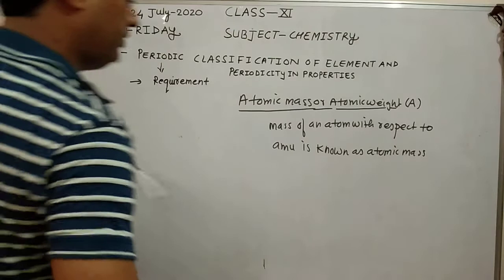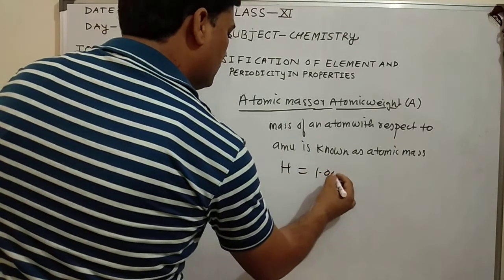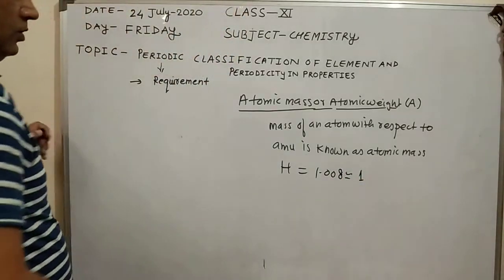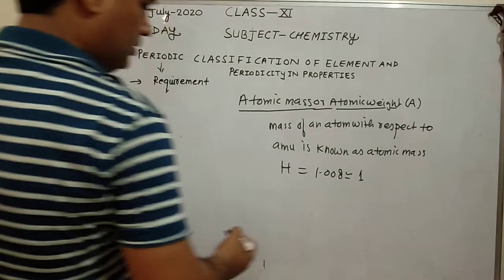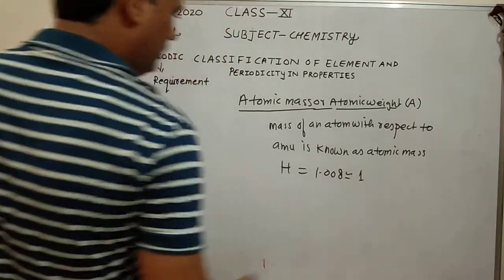What is the atomic mass of hydrogen? Atomic mass of hydrogen is equal to 1.008, which is considered as 1.